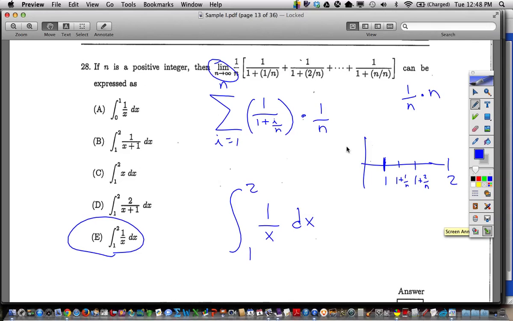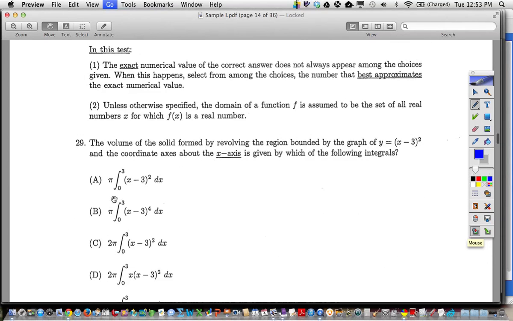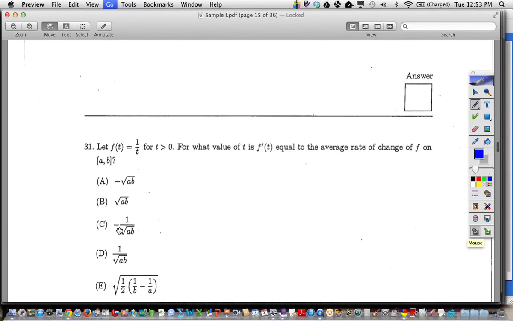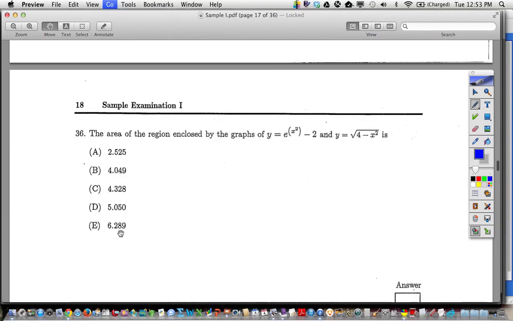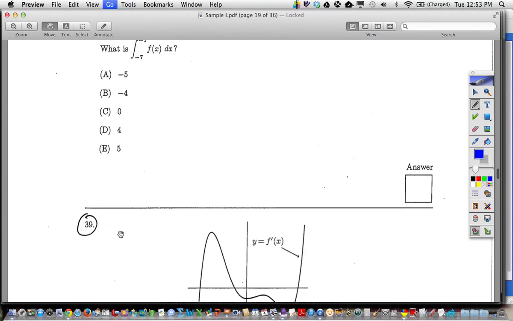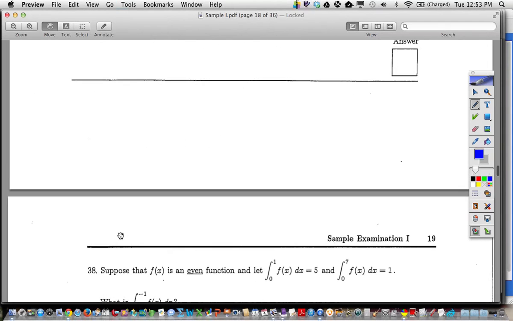All right. Next thing I had down here: in sample 1, which you're in right now, go to the calculator section of the multiple choice, number 37. Here's one that I think we skipped earlier.